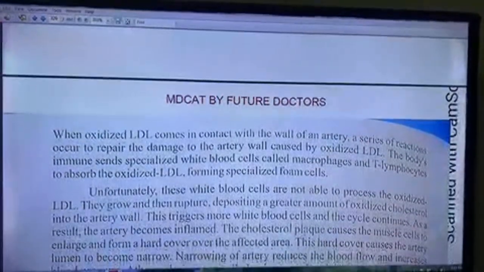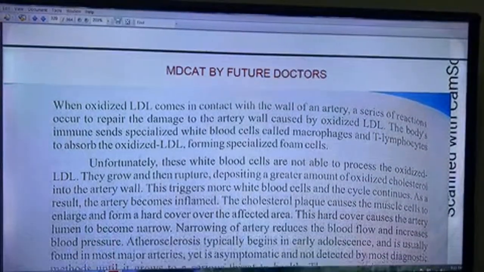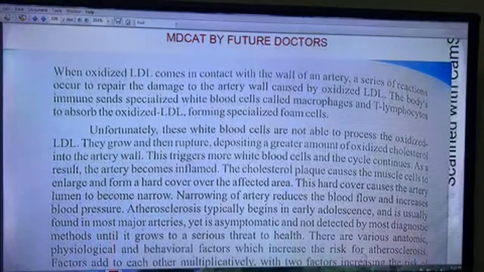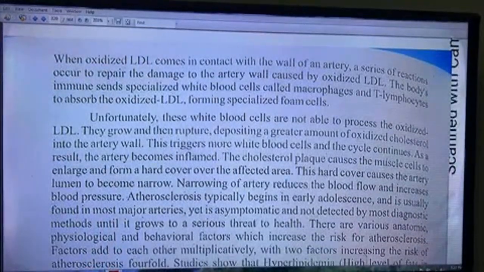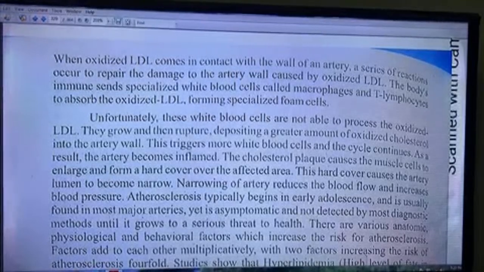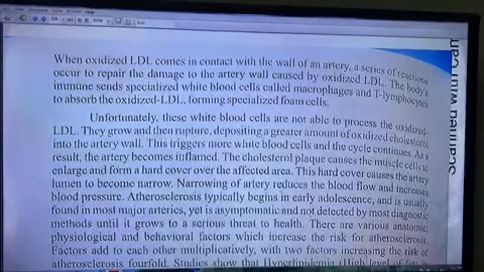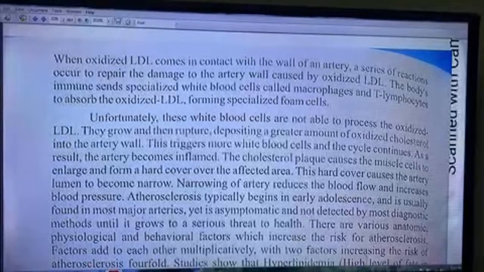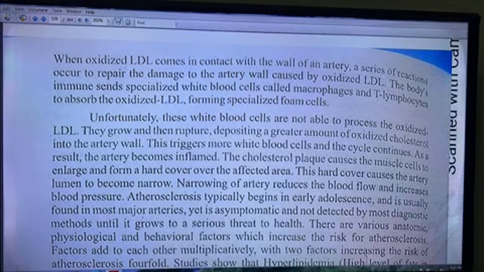When oxidized LDL comes in contact with the wall of an artery, a series of reactions occur to repair the damage to the artery wall caused by oxidized LDL. The body's immune system sends specialized white blood cells called macrophages and T lymphocytes to absorb the oxidized LDL, forming specialized foam cells.